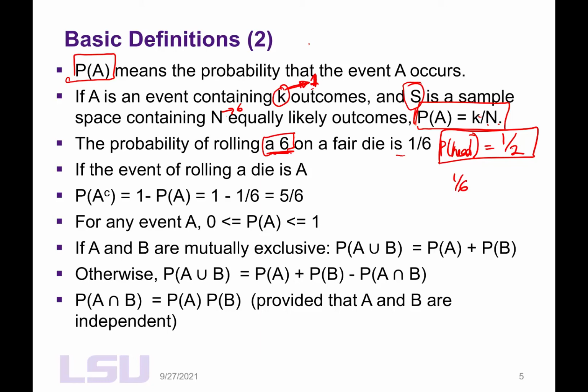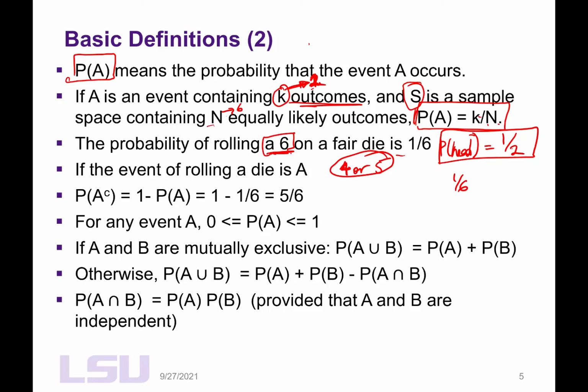What's the probability of 2 outcomes, of getting a 4 or a 5 when you roll a die? Now the number of outcomes is 2, not 1. It's 4 or 5, right?